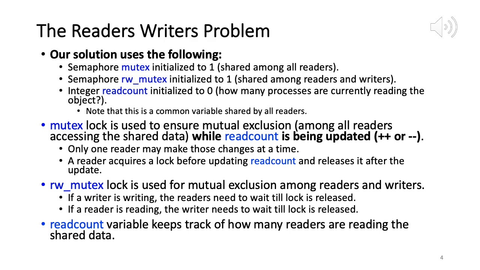Semaphore mutex, for mutual exclusion, initialized to 1, shared among all the readers. We recognize that the readers also need protection from one another, and the reason for that is because here we have a shared variable, read count, which is going to be incremented and decremented.